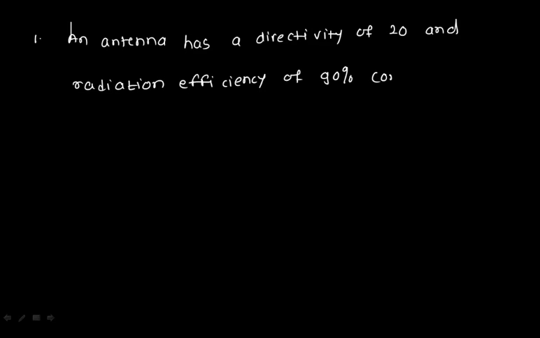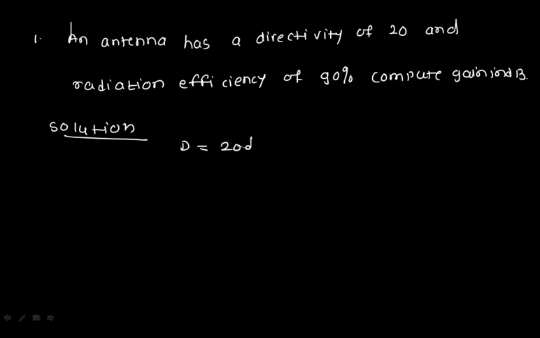Now compute gain in dB. So what is given here? They have given a directivity. So I'll list what is given: D is equal to 20. What about the radiation efficiency? If radiation efficiency is given, you can consider this as K is equal to 90%, which is 0.9. Now I need to calculate the gain.